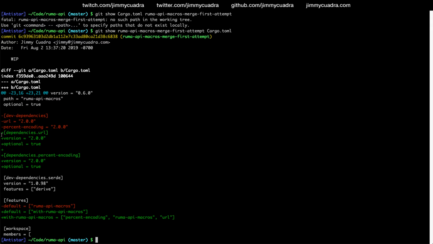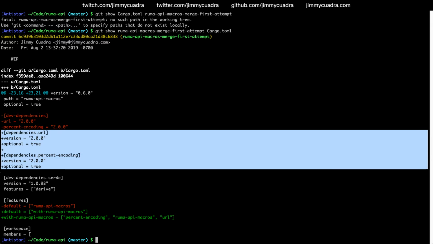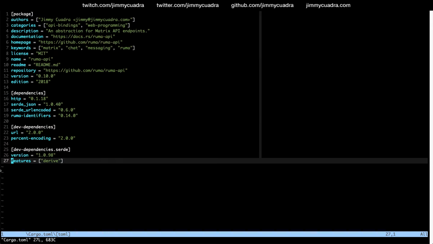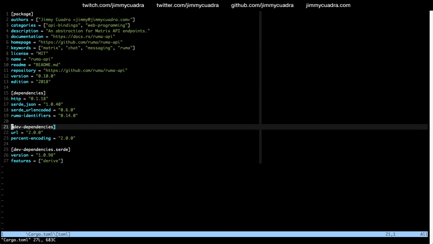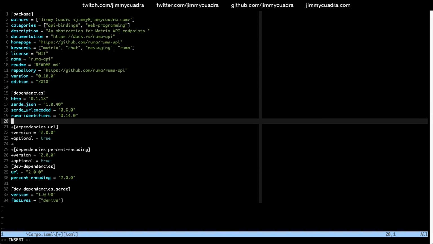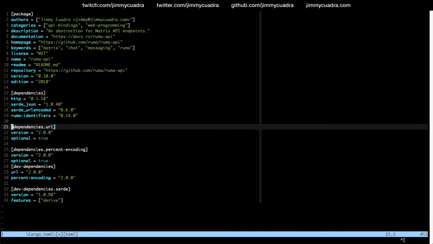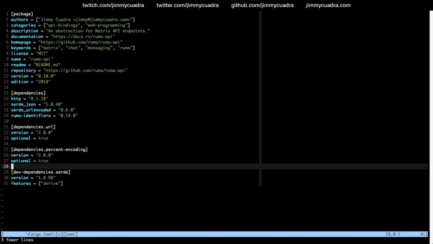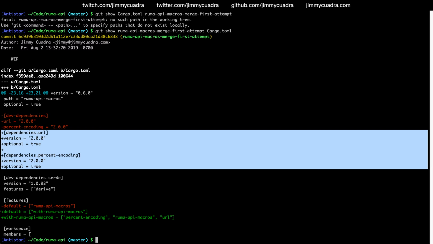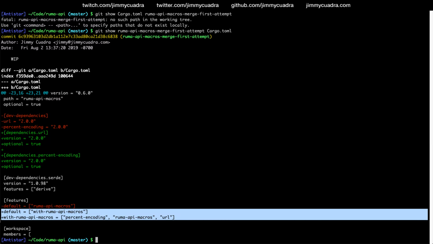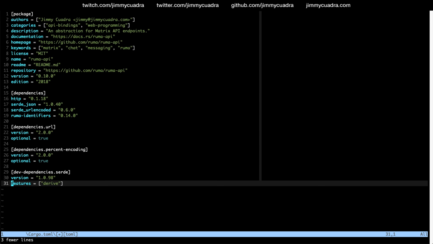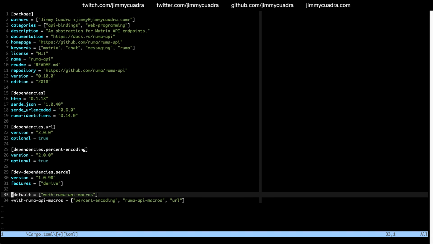Anyway, I can pretty much just copy this stuff in. This was the important part. So URL and percent encoding are no longer dev dependencies. They are now optional dependencies, and that is along with these two. So let's stick those in.